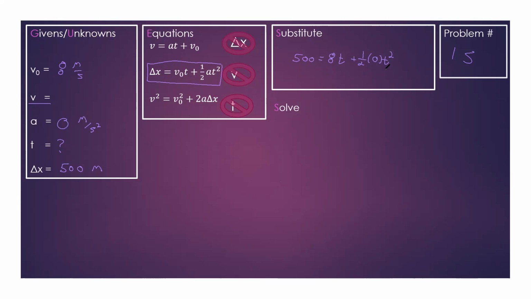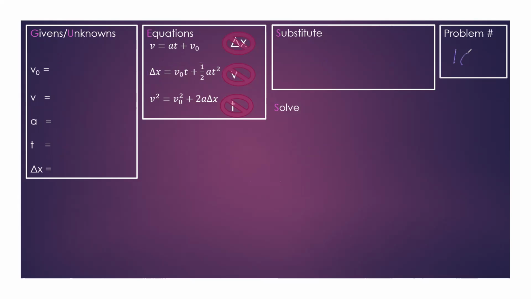Because you're multiplying by 0, all you're left with is 500 equals 8t. Divide both sides by 8. And t would be 62.5 seconds. So a little over a minute for that bunny.